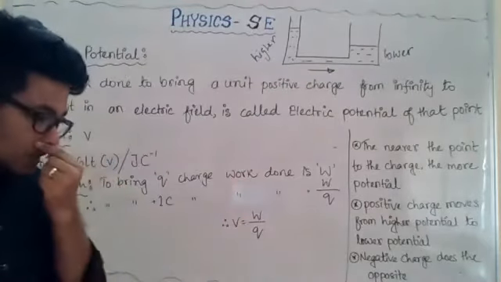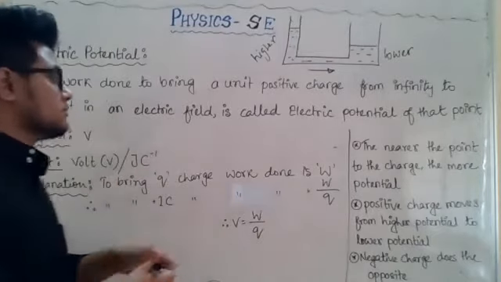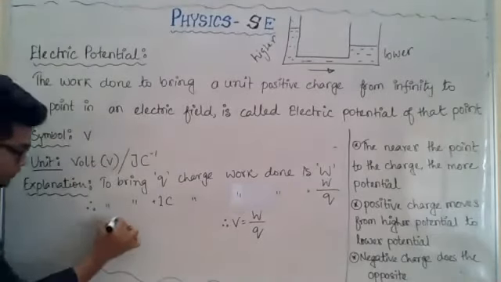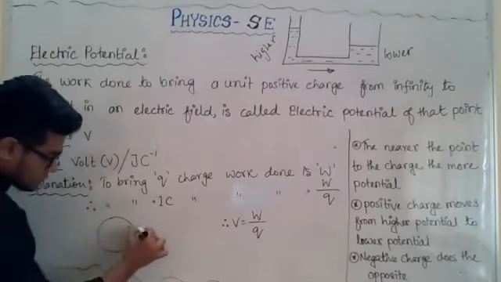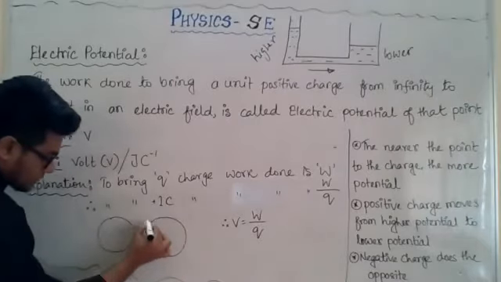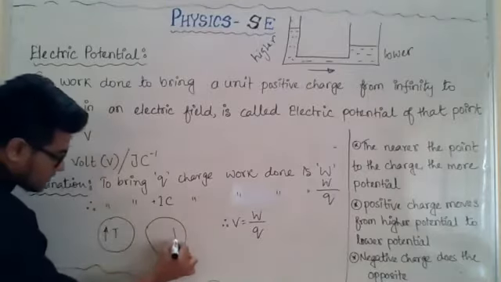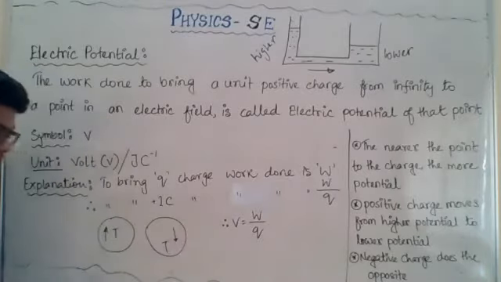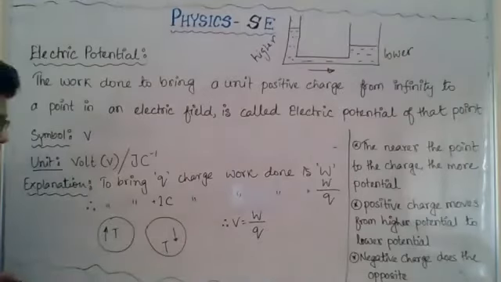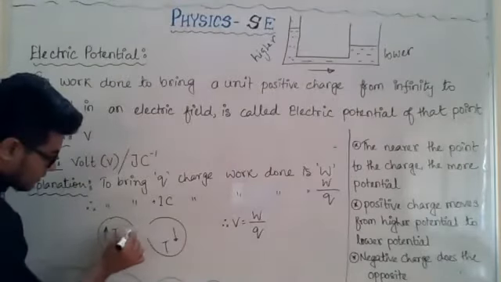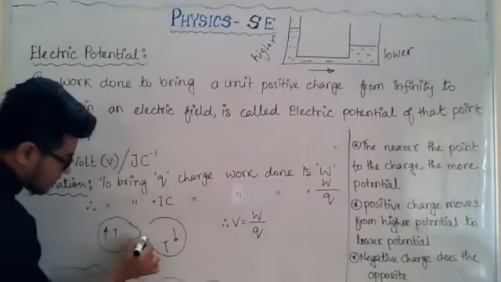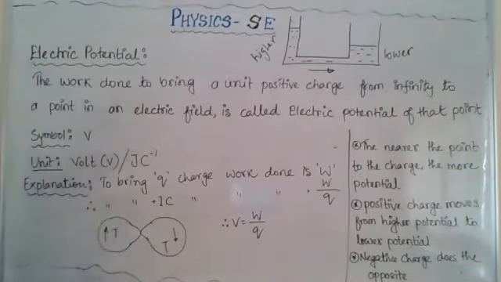If I give you another example, let us say I have two bodies. This one has a higher temperature and this one has a lower temperature. Now I bring them in contact with each other. What will happen?